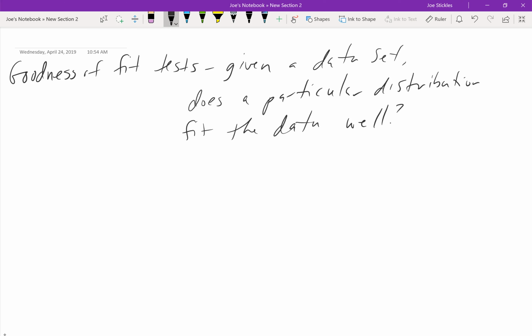So we've done it for Poisson, we've done it for normal, we've done it for exponential, we've done it for gamma. Any of those would be fair game. So remember again, for the discrete distributions, typically you're given a number of observations, like for Poisson, the number of times 0 occurrences happened, the number of times 1 occurrence happened, 2 occurrences happened.